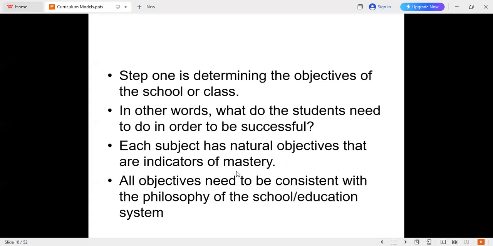We can see some details of Taylor's theory. Step 1 is determining the objectives of the school or class. We are talking here about school or class. We can determine the objectives even at the national level, country level.